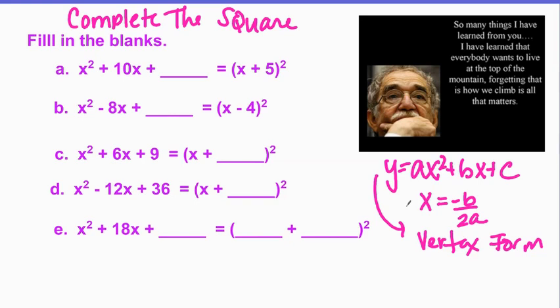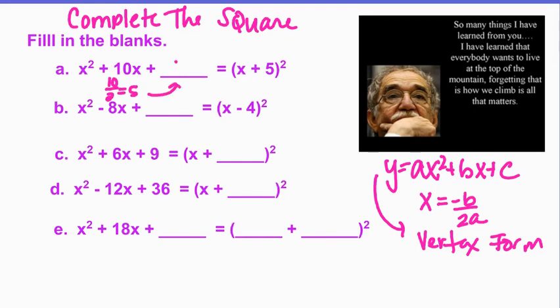If you also use this b over 2a idea, you think about half of 10 is 5, and there's no a here. So 10 divided by 2 equals 5.